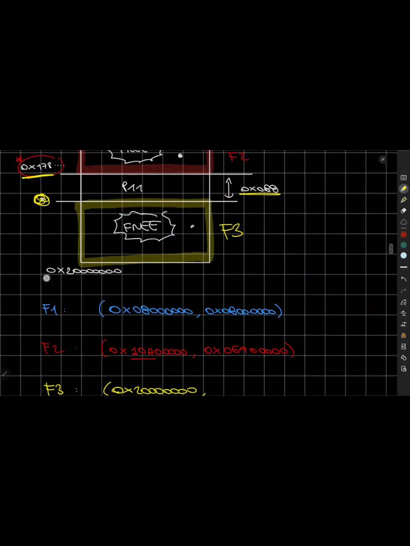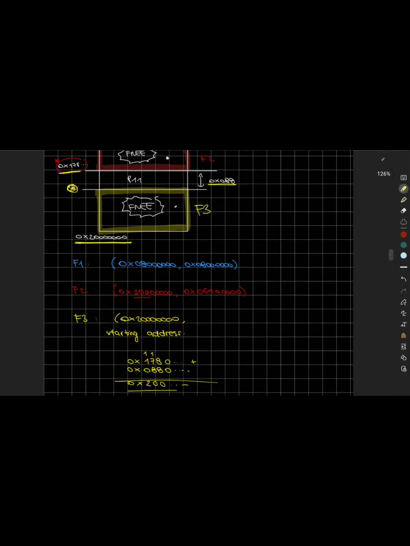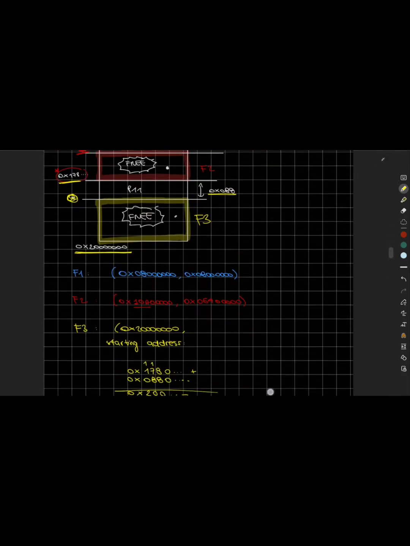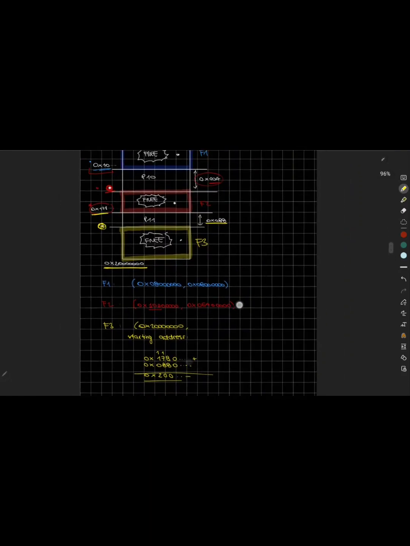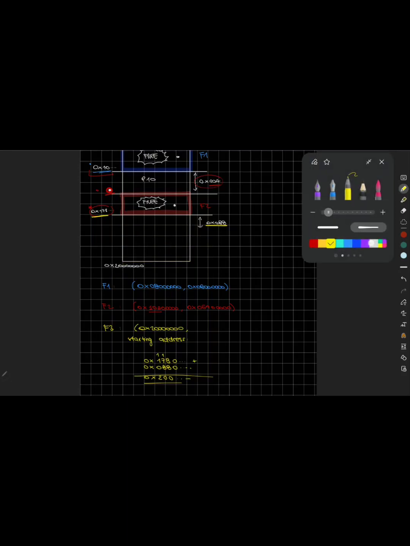But let's notice that we calculated before the very last address of the memory, so we actually don't have any free space after the process P11. So this F3 here doesn't exist. So what I can do is say that this is whole P11.